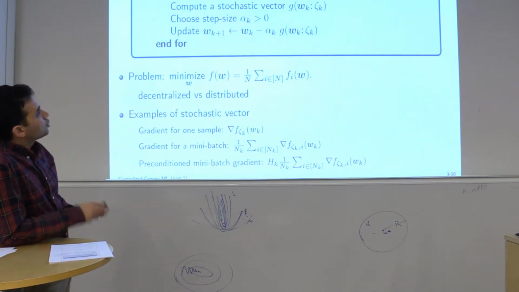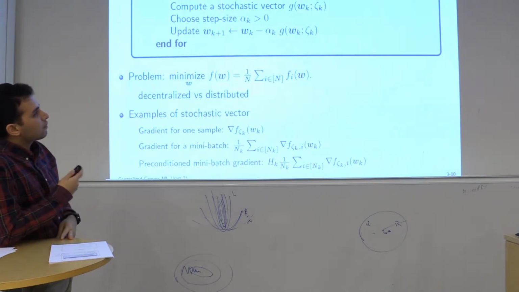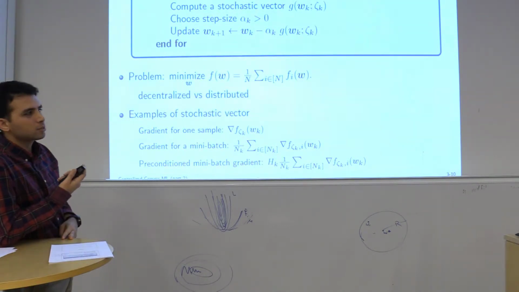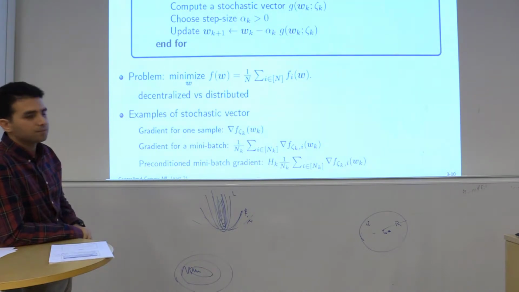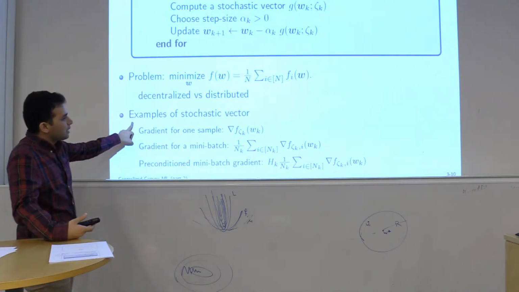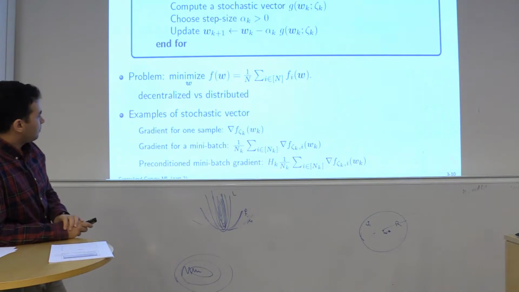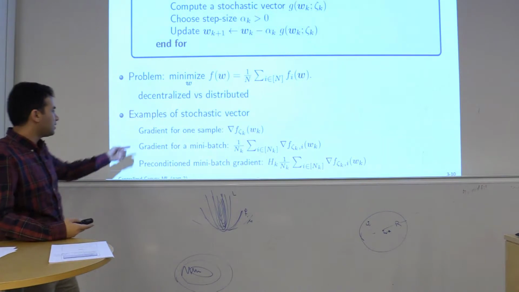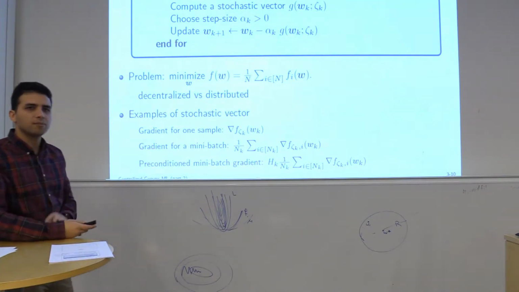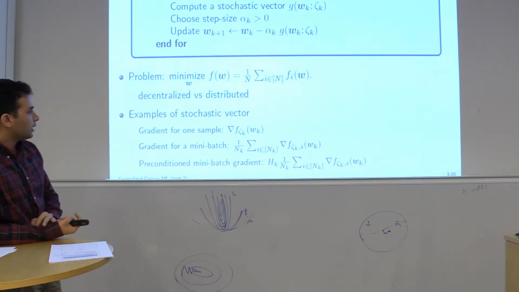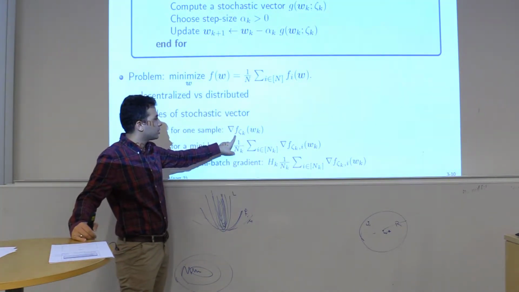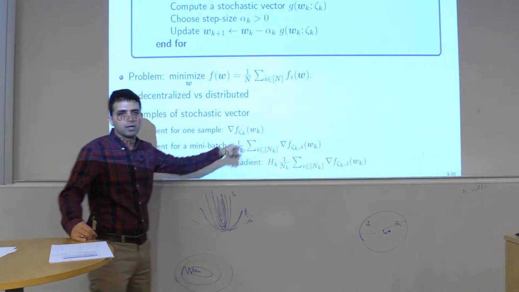Okay, choose some step size. We will see that all the convergence is a function of that choice, and then finally do this very simple first order update, which is w_{k+1} equals w_k minus alpha_k g. Okay, examples of a stochastic vector. For these stochastic vectors G, we can have at least these three examples, but we're going to see some more as well. The first one is the gradient for just one sample. In that case, G is essentially the gradient at some random index.